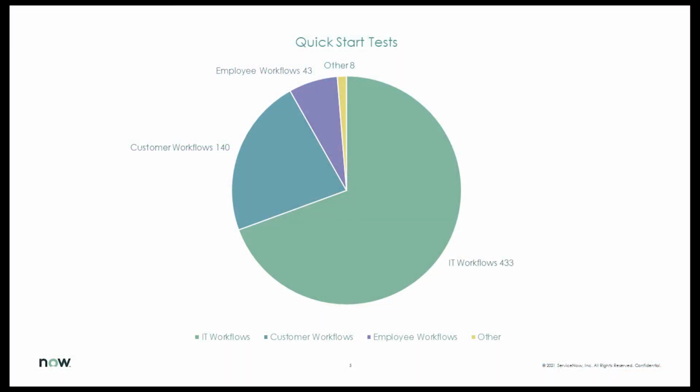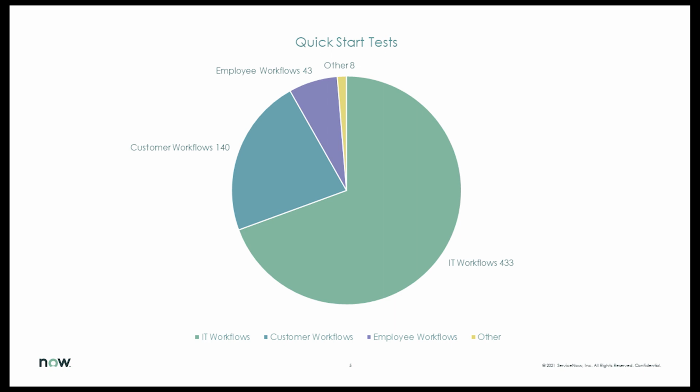To give you an overview on where we have invested, you will find that most of the out-of-the-box quick start tests that we have, and that is 433 by Rome. I had no idea that it was that many. Like, that's actually shocking to me, Lisa.